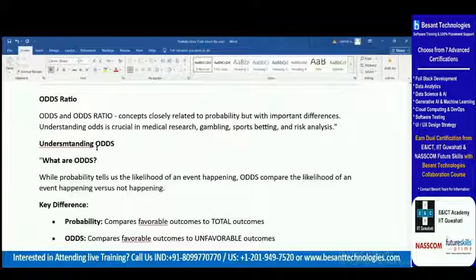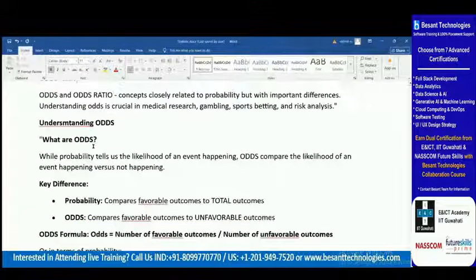Firstly, what are odds? While probability tells us the likelihood of an event happening, the odds compare the likelihood of an event happening to it not happening. Probability gives you the likelihood of the event happening, and if it is not going to happen, that is your odds ratio.